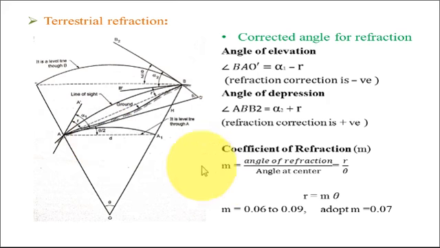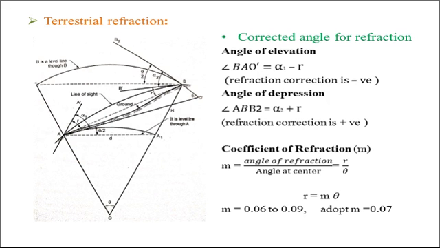So there is no need to consider the effect of curvature and refraction in that case. Now m depends upon theta. If theta increases, you have to consider the effect of refraction and curvature. One more thing: it not only depends upon theta, it also depends upon the atmosphere between AB. If you are conducting a survey above the ground level, the atmosphere is different. If you are conducting a survey above the sea, the atmosphere is different.